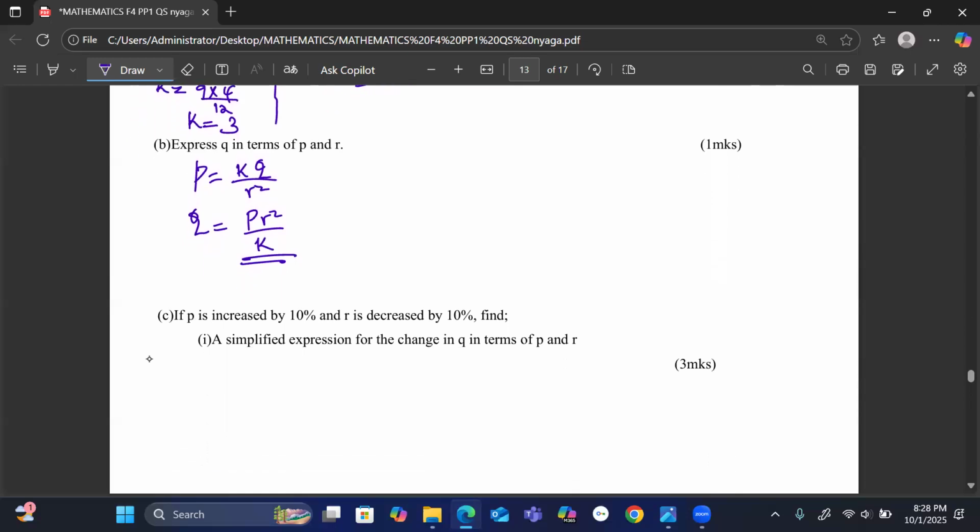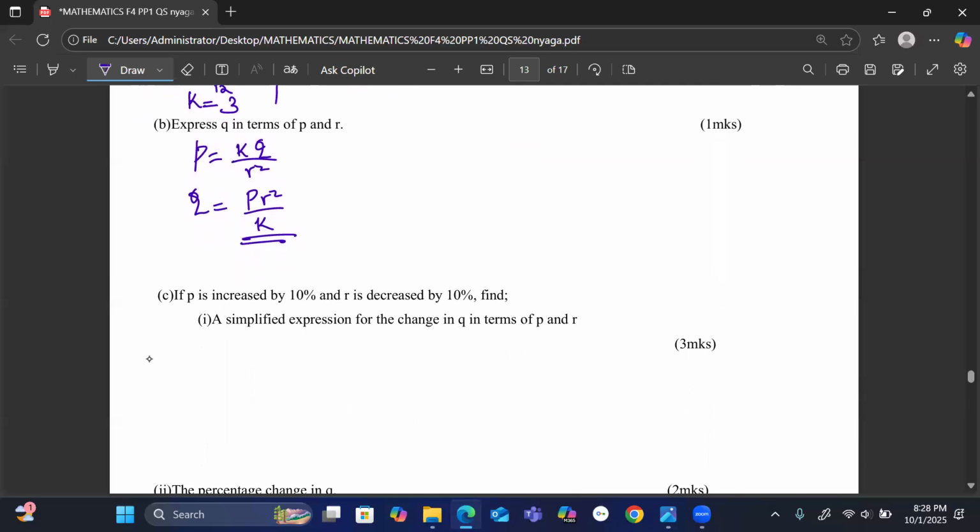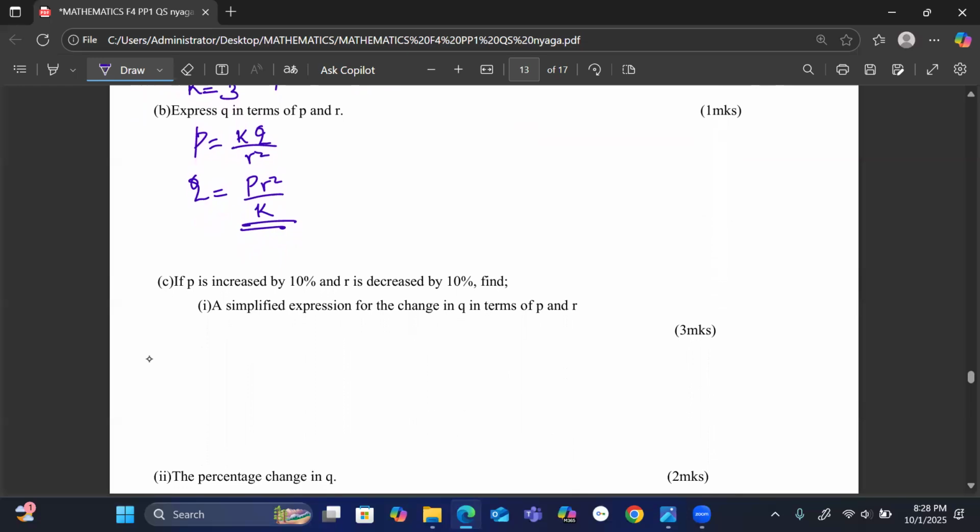Now, the last part, if P is increased by 10% and R decreased by 10%, find a simplified expression for the change in Q in terms of P and R. We know that P1 is increased by 10%, so it's 10 over 100 times P added, which gives us 1.1 P. Then R1 is 0.9 R, that is reduced by 10%.